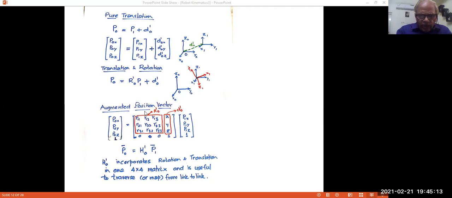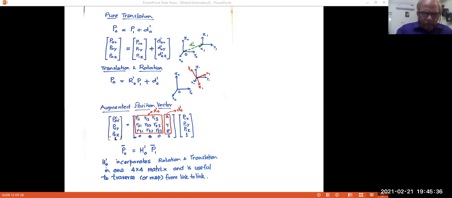This is for movement by one frame. Well, we would like to incorporate both effects into a single matrix. We have a rotation matrix, this part R10 here, and this position D10 is incorporated as the fourth column. But then for compatibility sake, what we do is we add one more dummy row at the bottom, and also add one more row to each of these position vectors.